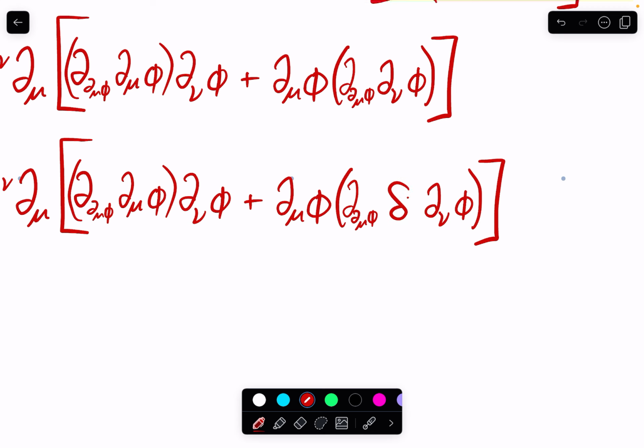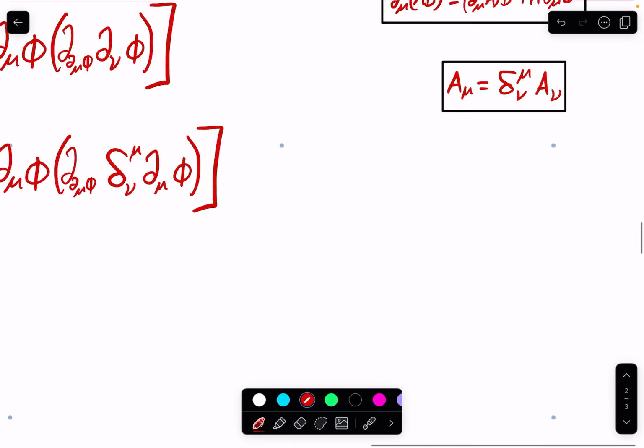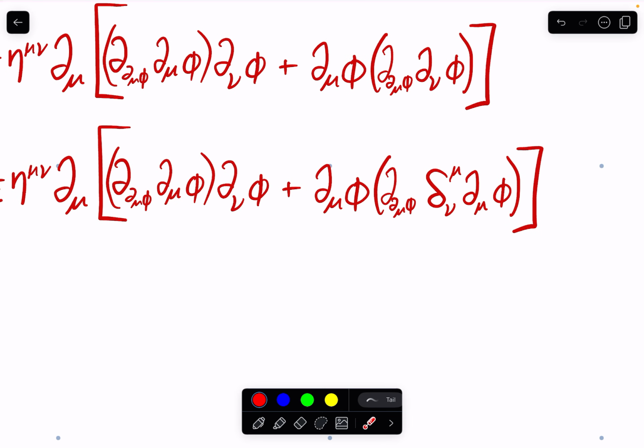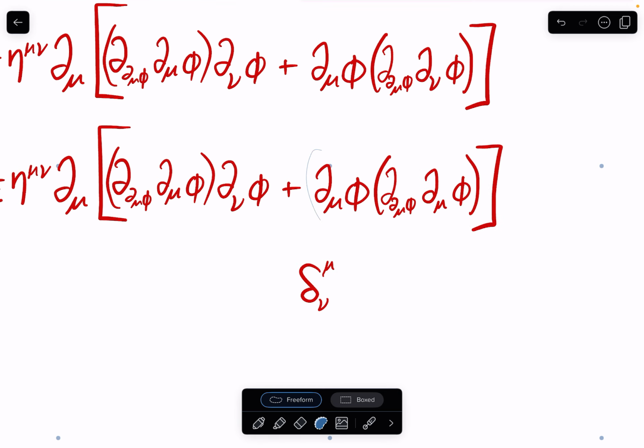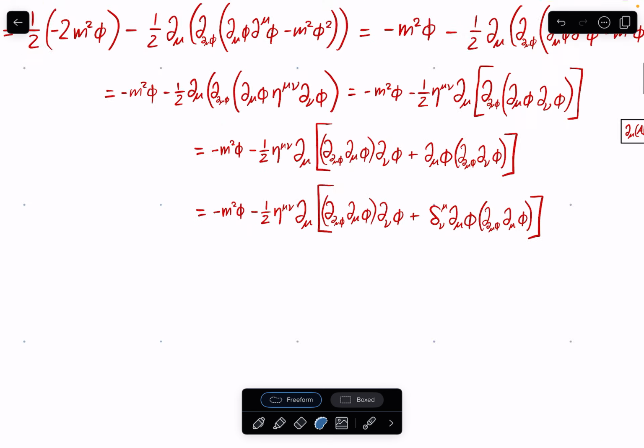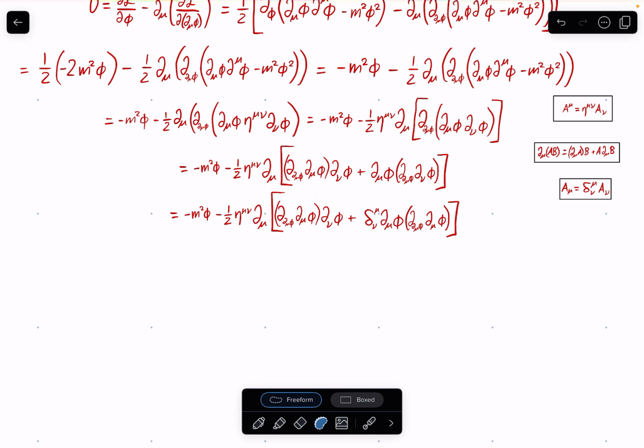So you get a delta mu nu, or rather nu mu, and then this, nope, I'm dumb, mu, mu, mu, like this, using this property over here, we get this. But the Kronecker delta is also like a constant, so we can just take this, move it back here, move it in here instead.